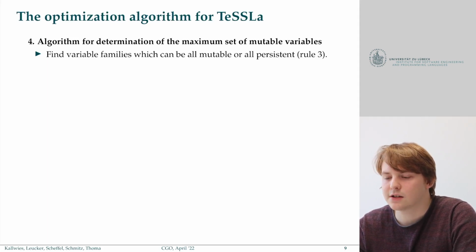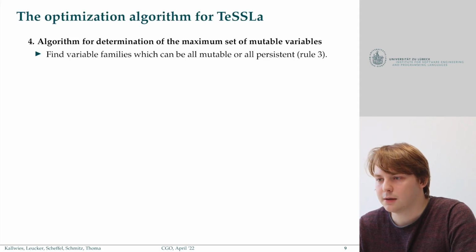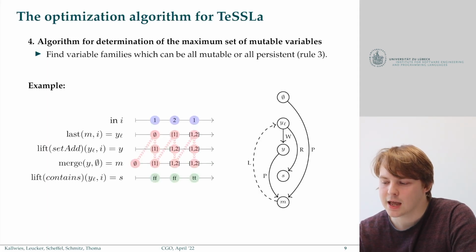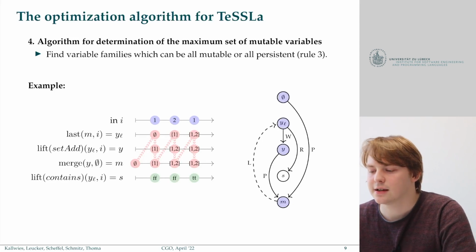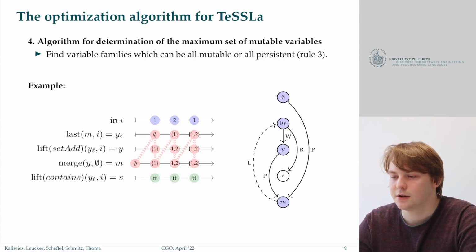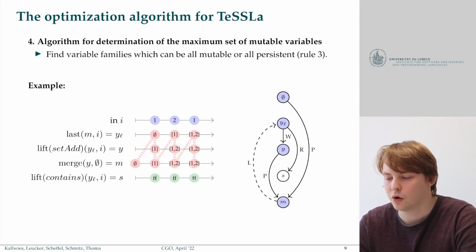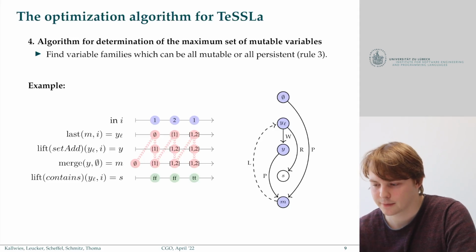These are sets of variables that, because of rule 3, which forbids castings between persistent and mutable data structures, can only be implemented fully in a mutable way or fully in a persistent way. In our running example, these are the streams empty set, YL, Y, and M. These variables either all have to be mutable or have to be persistent.